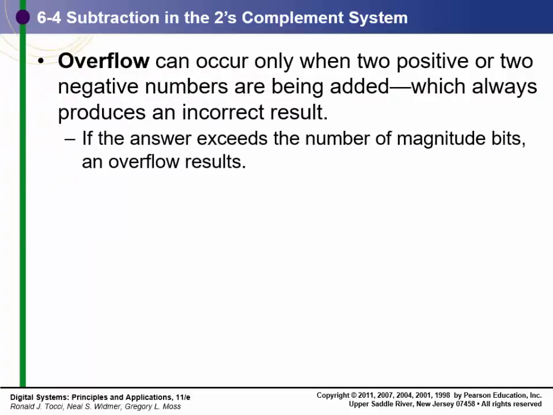Overflow will occur when two positive numbers or two negative numbers are added and the result is incorrect. This is an interesting situation: if you're adding two negative numbers together and you end up with a number less than negative 128, or adding two positive numbers and the result is greater than 127, we have an overflow problem.